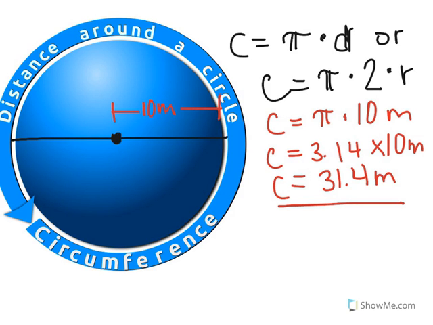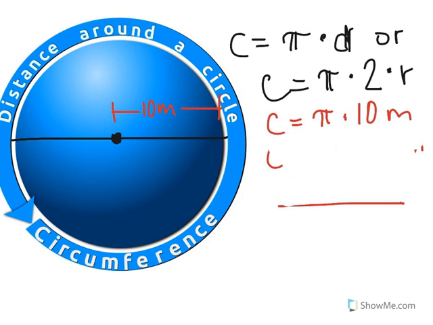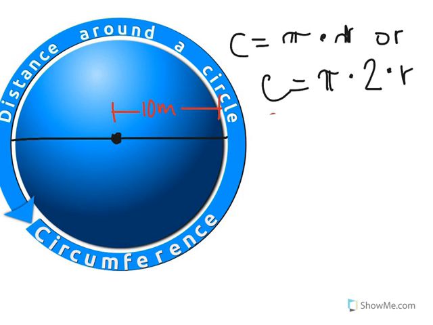But let's say that our radius was equal to 10 meters. So in that case, let me erase this. We would now use this circumference is equal to 2 times pi times r, or you can just multiply your radius by 2 to begin with, and then you're still just using this formula.